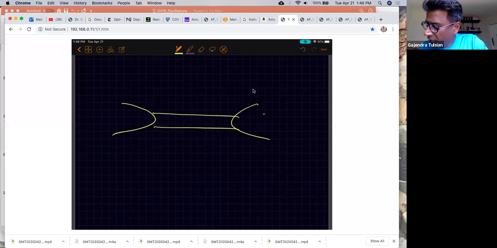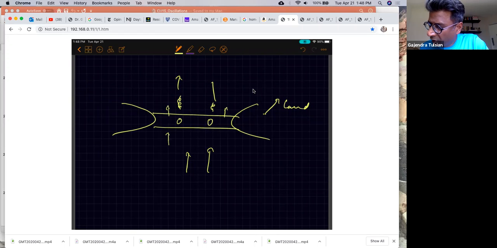This is land, and these are the piers underneath the bridge. The wind was blowing like that, and vortices would break away at a frequency. Every time they broke away, they were pulling on the bridge, so you are exerting an external force on the bridge. The frequency at which the vortices broke away matched the natural frequency of the bridge, the second harmonic of the bridge.